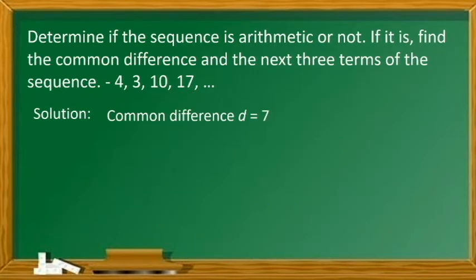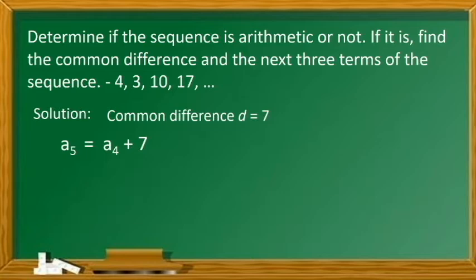Since the given sequence is arithmetic, we will now find the next three terms. Since we already know the common difference, which is 7, we can now find the next three terms. So here is the solution.